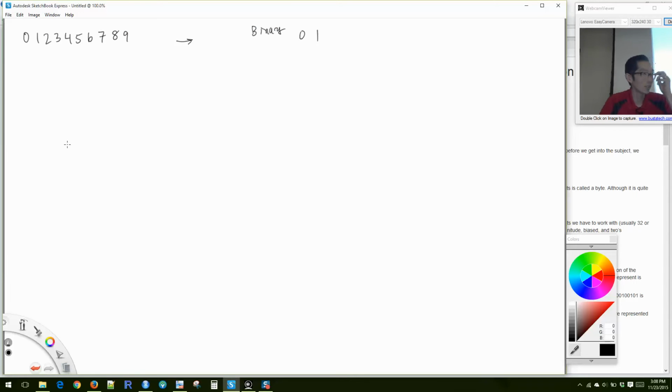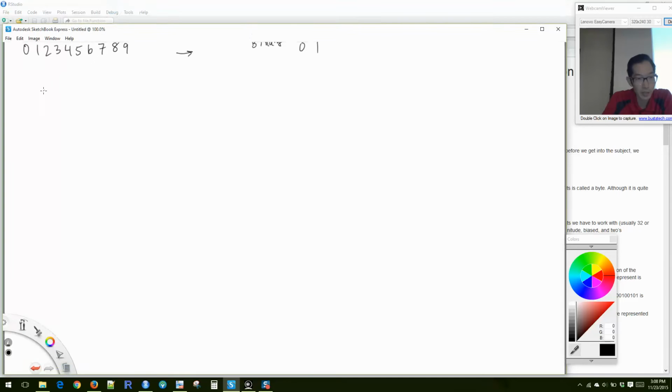We could potentially have a number with 1,000,000 digits, and we can represent that. It would take a long time to write out, but we could do that. But as a computer, we allocate memory, and so a lot of times we'll use just a certain amount of digits.